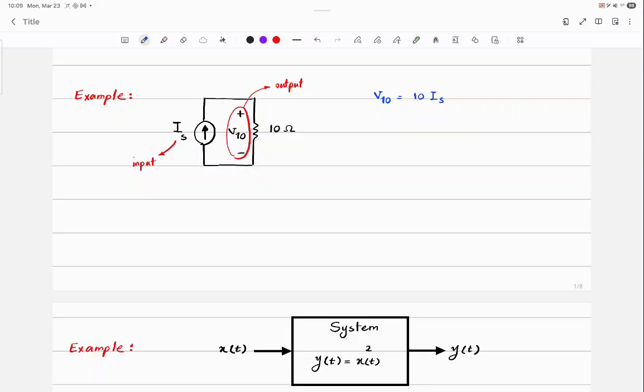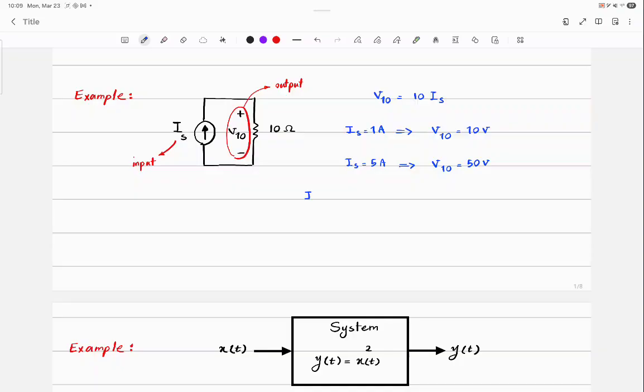Ohm's law. Now, let's consider IS as 1 amp. What is V10? 10 volts. Let's consider IS as 5 amps. What is V10? 50 volts.